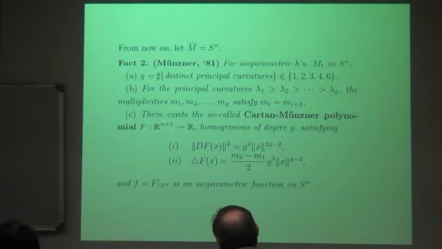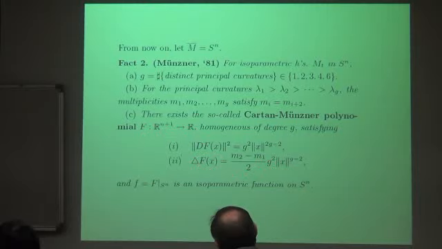The squared norm of the Euclidean gradient of this polynomial satisfies g squared times the norm of x to the power 2g minus 2. Also the Euclidean Laplacian of F satisfies this condition. So when, for instance, all the multiplicities coincide, the right-hand side becomes 0, and this polynomial becomes a harmonic polynomial.